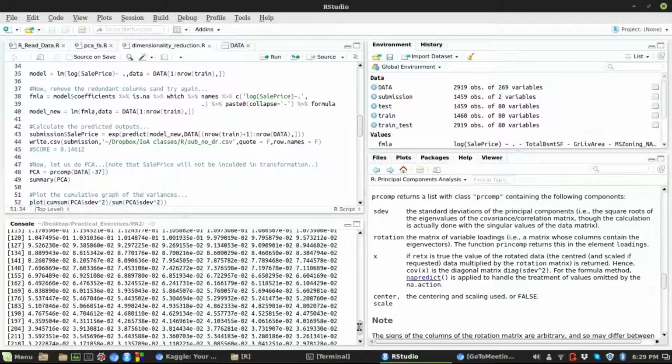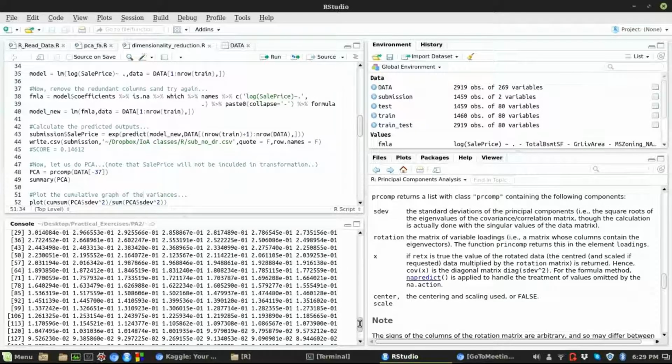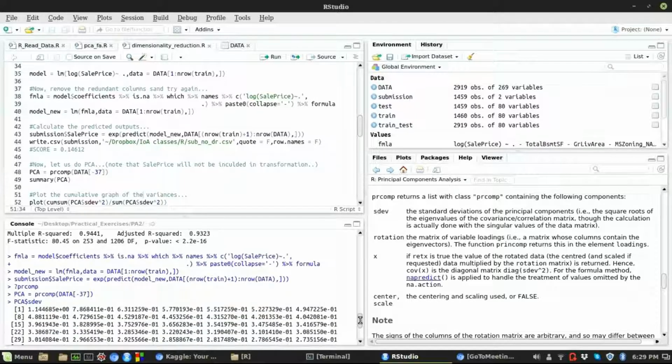Obviously, there will be as many principal components as there are predictors. The highest one is about 1.1, and then it keeps going down. PC1 will be the highest, and then this is the standard deviation of PC2 and of PC3 and so on.